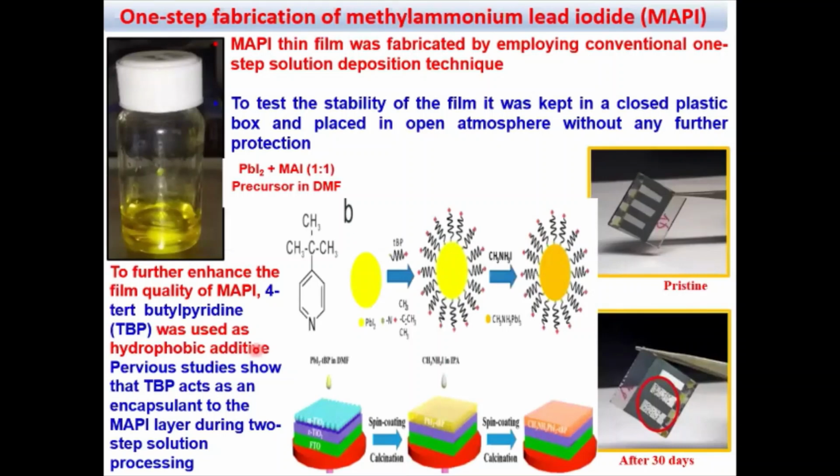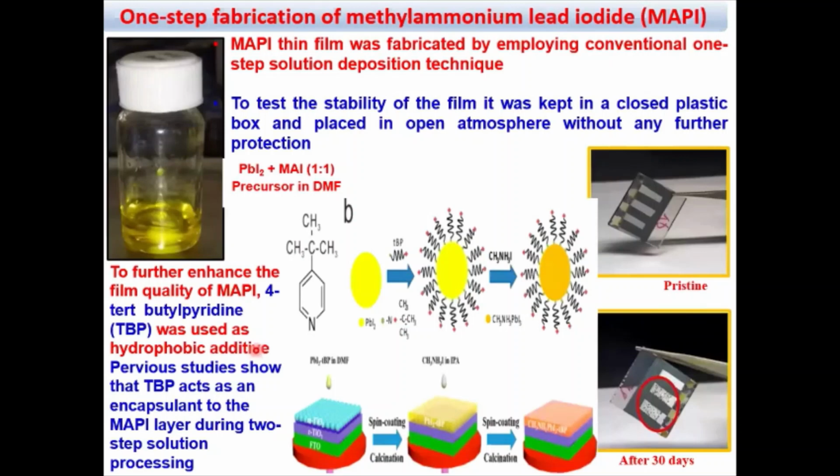When we used pure methyl ammonium lead iodide ink over the substrate, we always ended up with some kind of problem with stability, so we have used 4-distributyl as a coating or additive layer before going for annealing or making other layers over the perovskite layer.